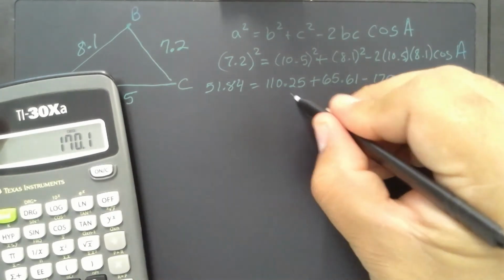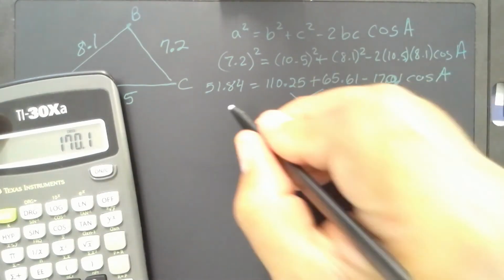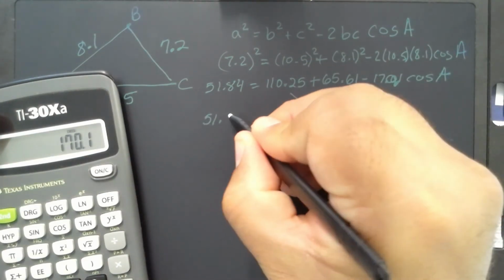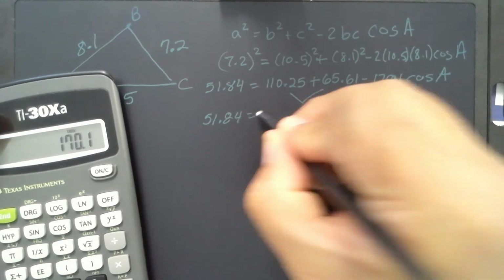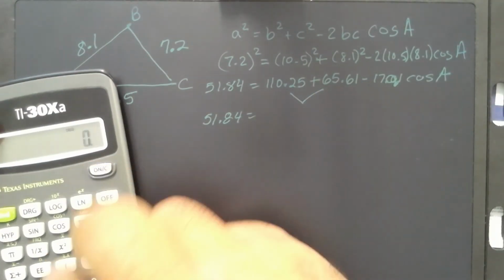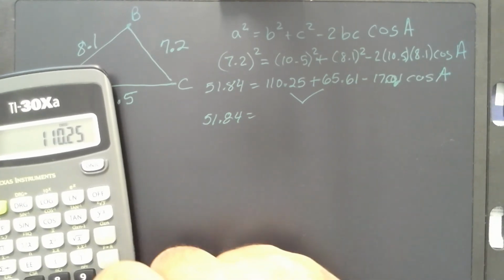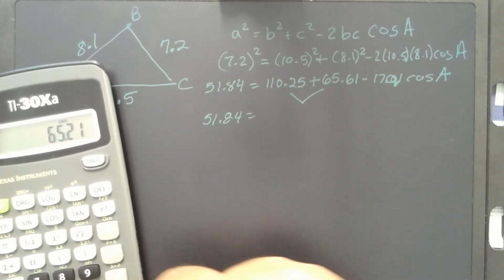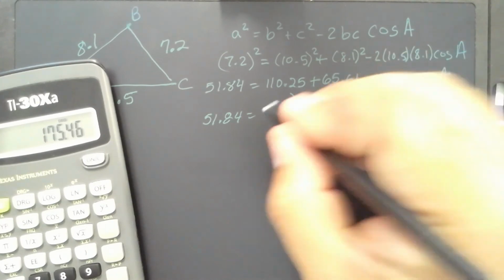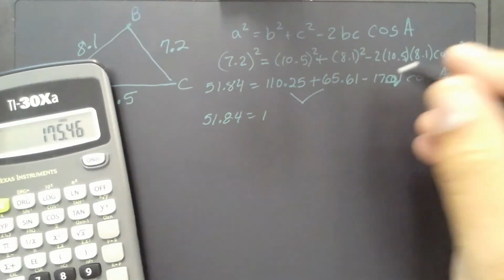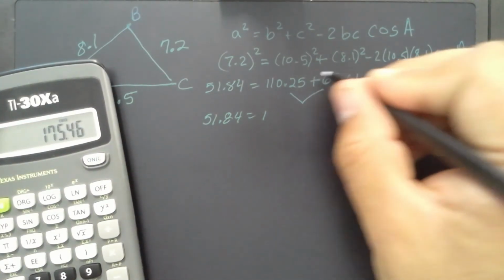So now we combine these two. 51.84 is equal to 175.86.